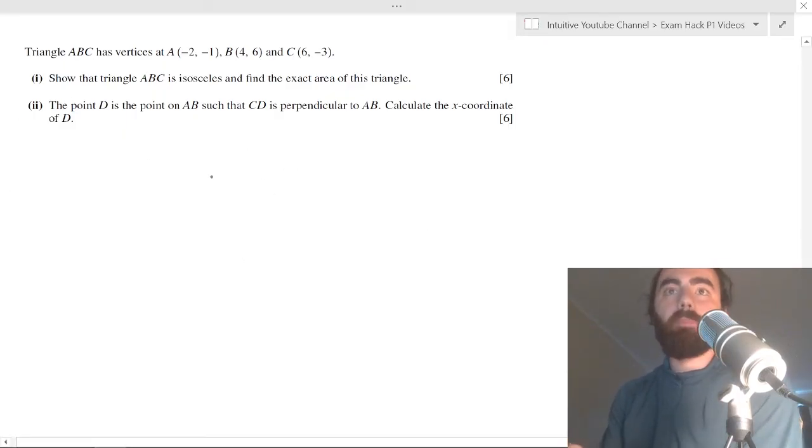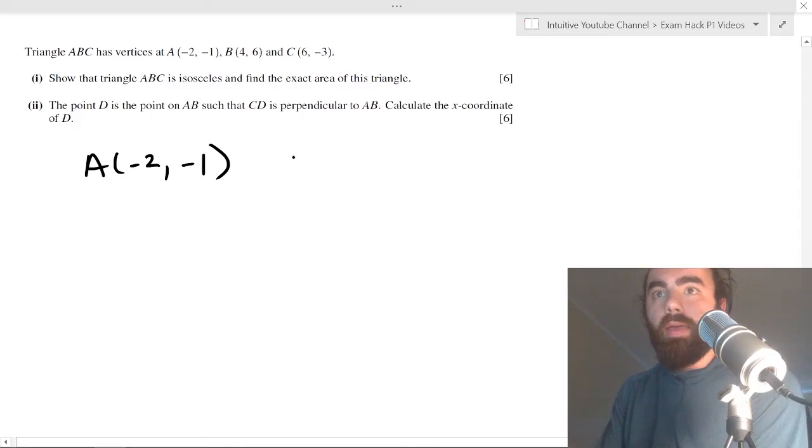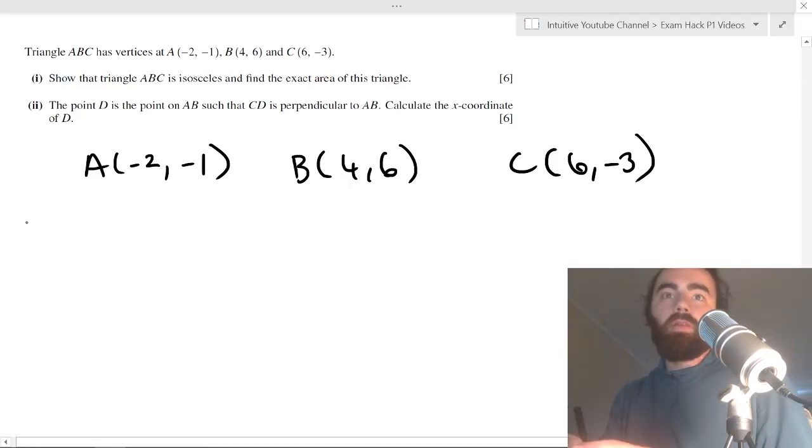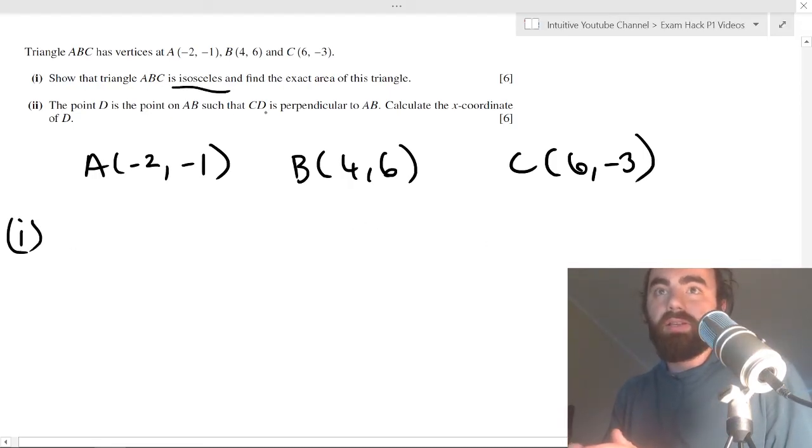Okay, so let's do this one. So we've got 3 points: A at -2, -1, B at 4, 6, and C at 6, -3. It asks us here to show that the triangle ABC is isosceles and find the exact area of this triangle.